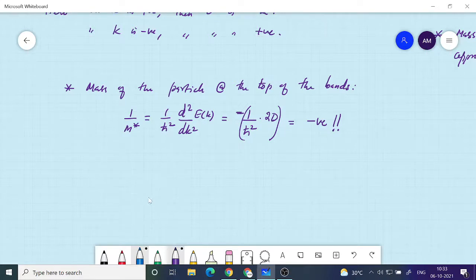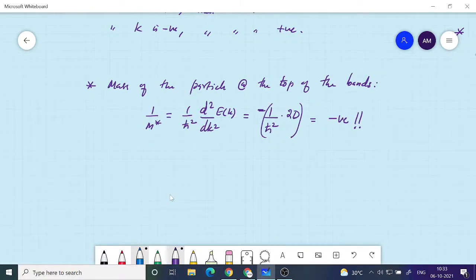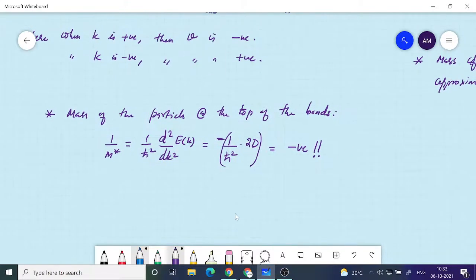We are taking the results given by quantum mechanics and then trying to understand it in a classical manner. Different points in the band behave differently. The bottom of the band behaves like normal particles: there is a positive mass, and k positive corresponds to positive velocity, etc. That is okay.